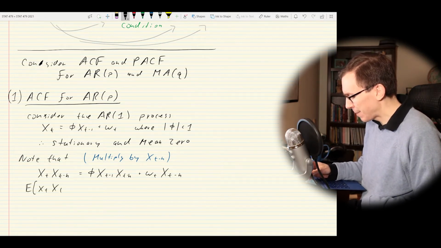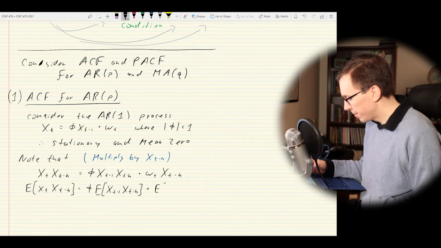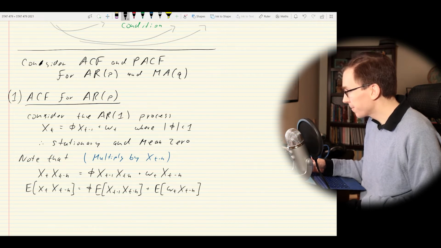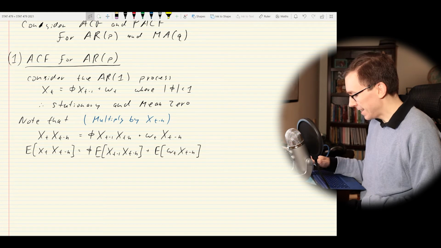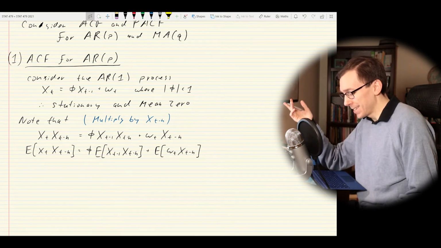So if we take the expected value of each side of this equation, well, by linearity, we can just take the expected value of each of these terms, the expected value of xt xt minus h, the expected value of phi xt minus 1 xt minus h, plus the expected value of wt xt minus h. Okay, and now we can actually just stare at this and see what comes out.